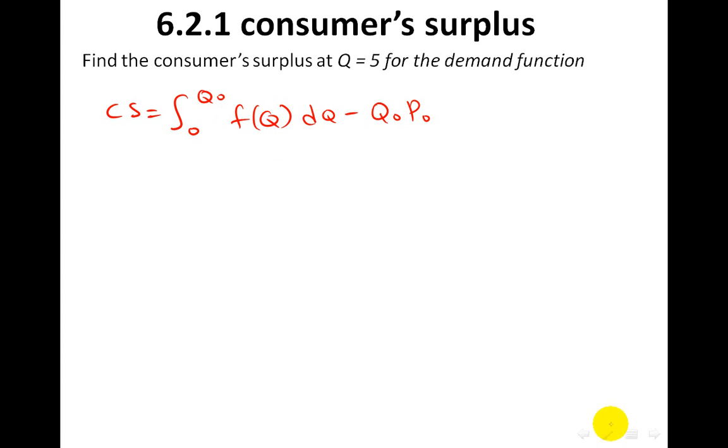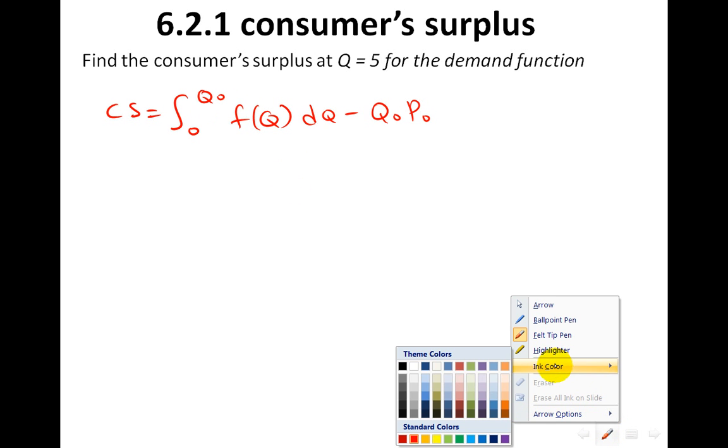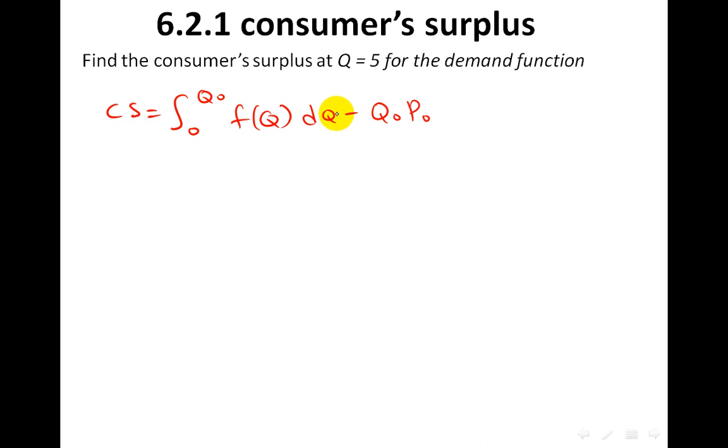Here I want you to know that the integration will be only for the dq part. You're not going to integrate q sub naught p sub naught.